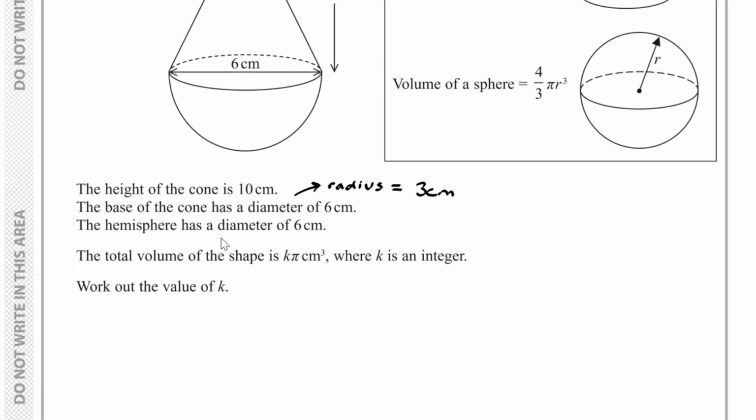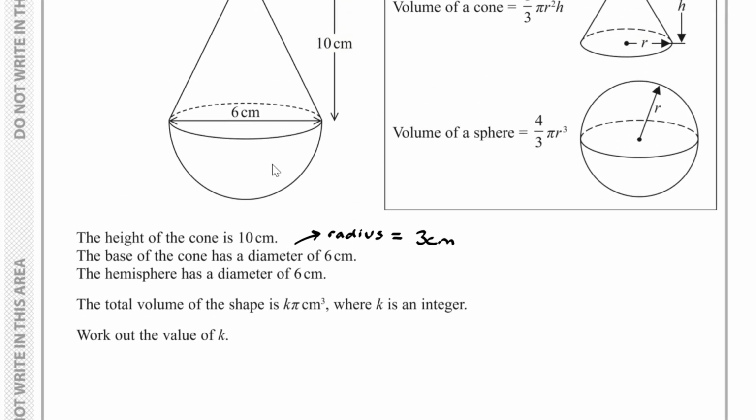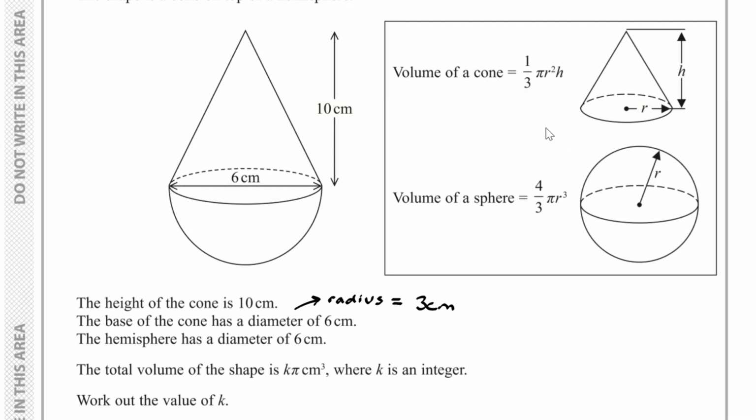So for this question, we can treat the cone and the hemisphere separately. First of all, we've been given the formula for the volume of a cone and the formula for the volume of a sphere. Noticing that a hemisphere is half a sphere, the volume of a hemisphere, that's equal to 4 over 3 multiplied by a half, which is 2 over 3 pi r cubed.